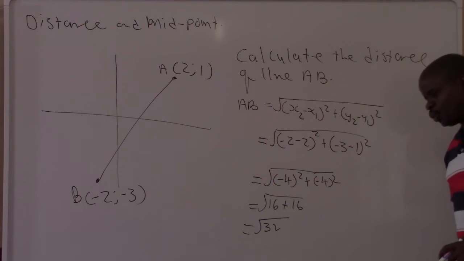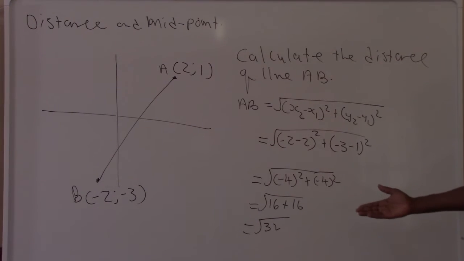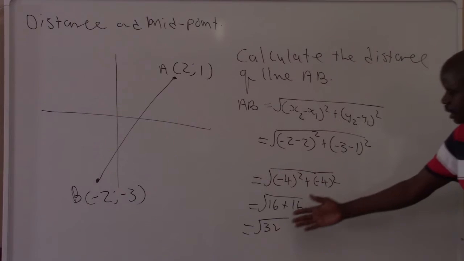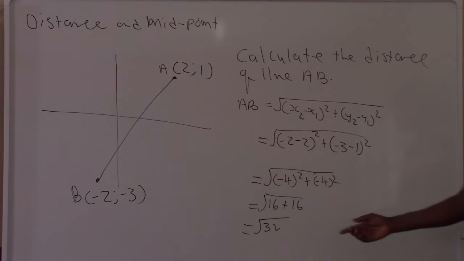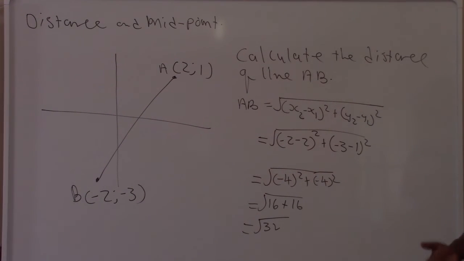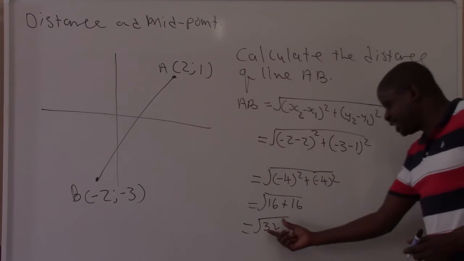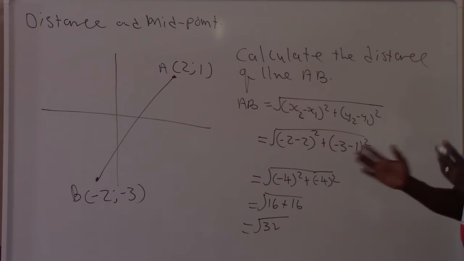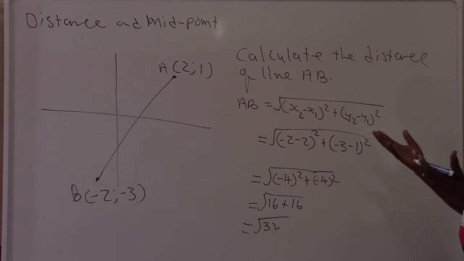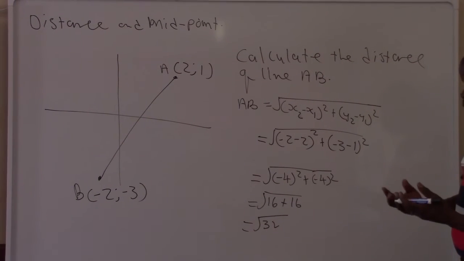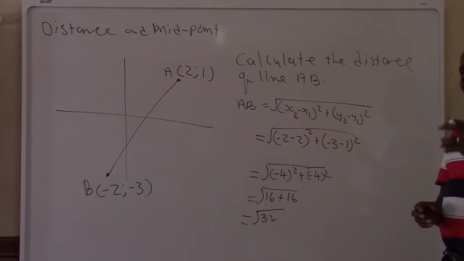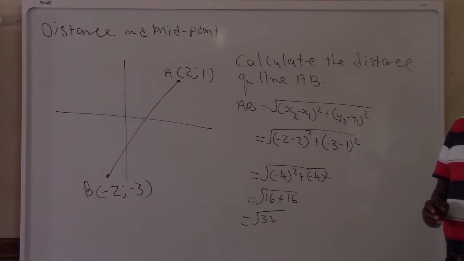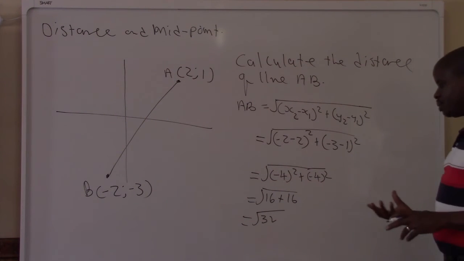But sometimes in other questions they will say simplify without the use of a calculator. So this 32, we can write it as the product of two numbers, where one is a square number and the other a non-square number.